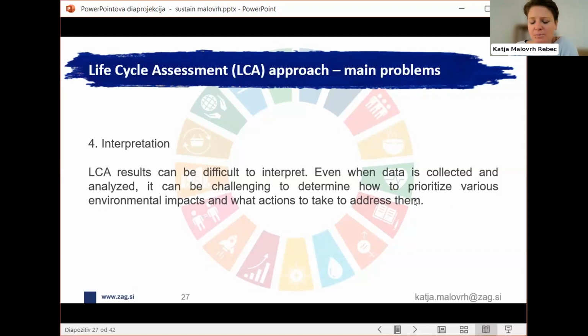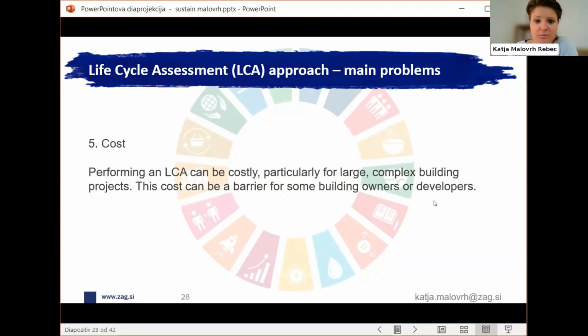This interpretation makes LCA a little less objective than we would hope for. With developing good standards, in depth, also what we call category rules, we can actually overcome this issue and make the interpretations similar one to another, and therefore more reliable.